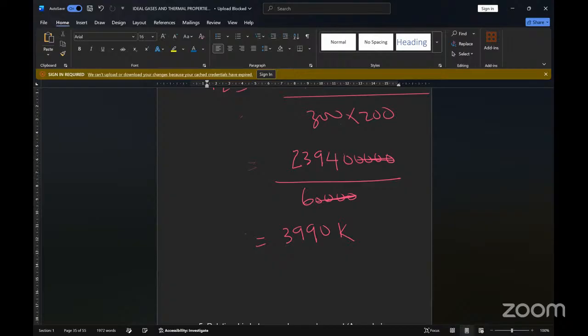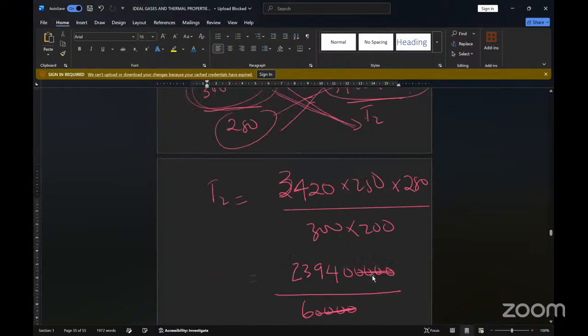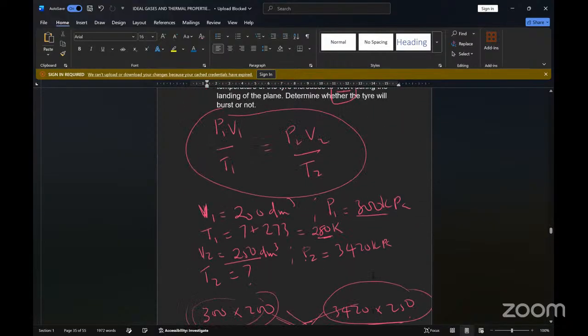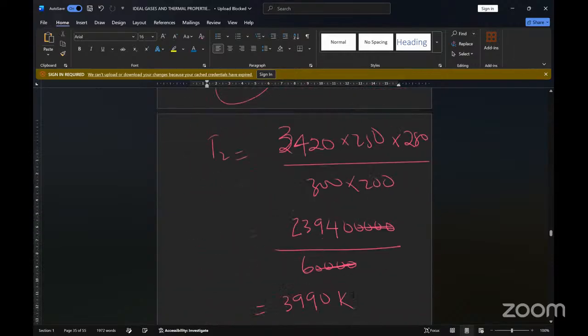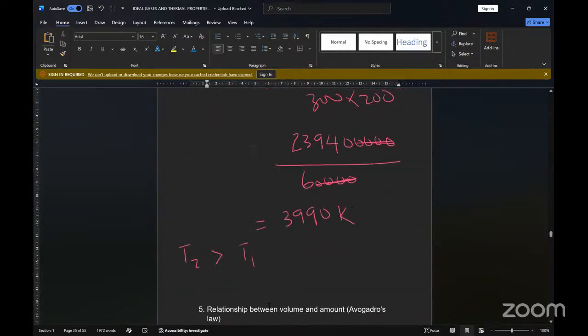So it means that T2 is greater than, sorry, not T1. T2 is greater than 400 Kelvin. Therefore, the tire will burst.